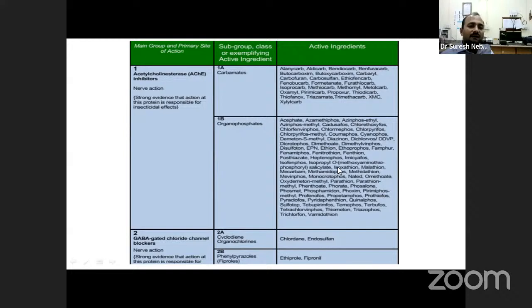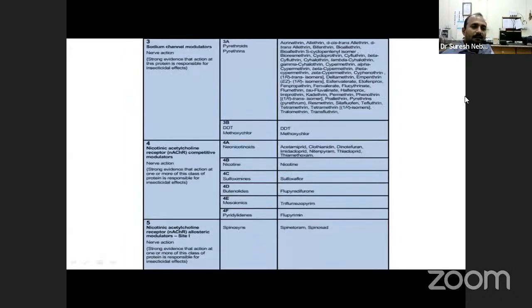So you don't have to merge all the things, you just have to remember which modes of action are there. Like nicotine and other neonicotinoids belong to the same group, so you should know that. Spinosyns have just some difference in mode of action. You can see it is a competitive modulator, it is an allosteric modulator.